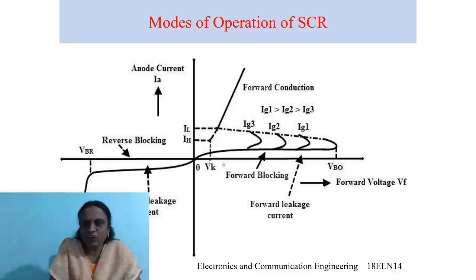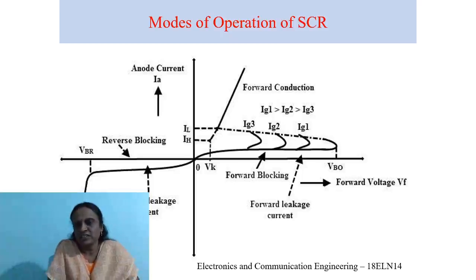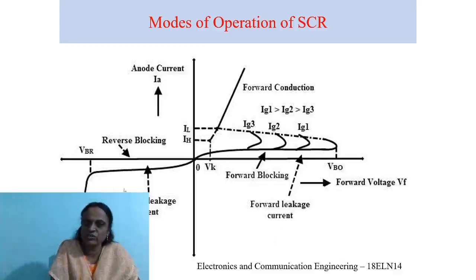In the forward blocking mode, the SCR acts like an open switch because the current flowing is too small to turn it on. That is called the forward leakage current. In reverse also, a small leakage current flows, called the reverse leakage current, and it is not sufficient to turn on the SCR. Hence, the SCR acts as an open switch here too.